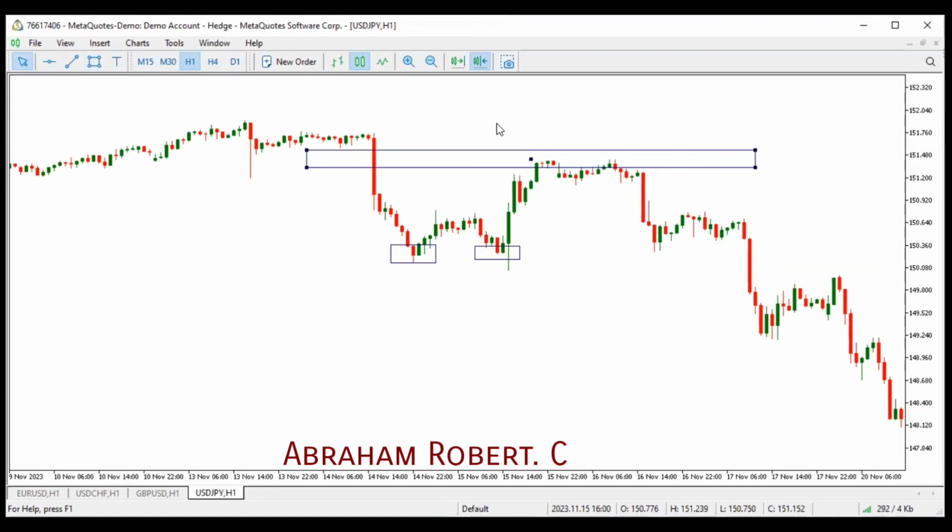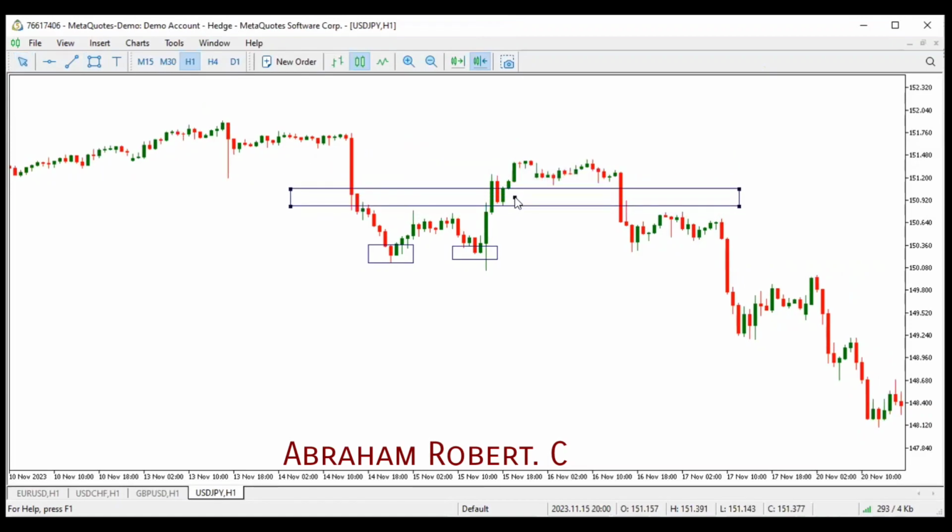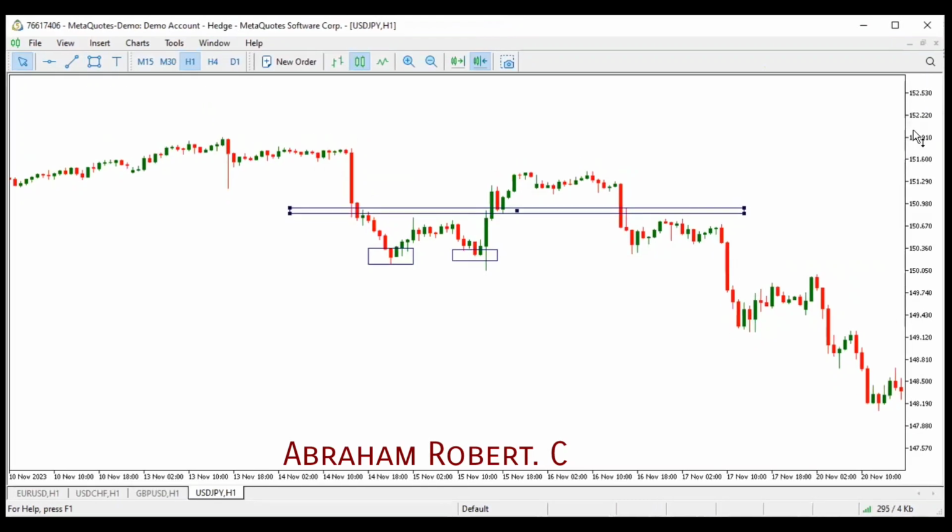Now, there's a minor level here, because some persons might actually draw it like this, and at the break of this, they will make their entry. Now, whenever you are making an entry, always check the next low or the next high, because the market can always reverse from there.